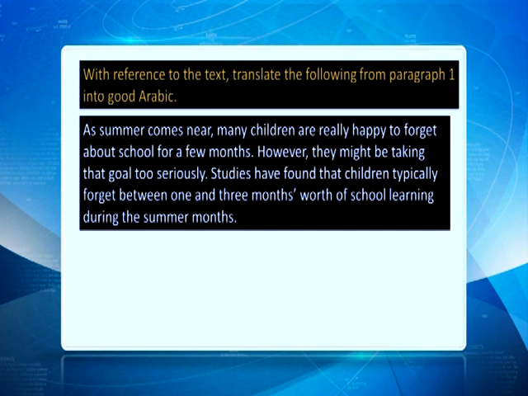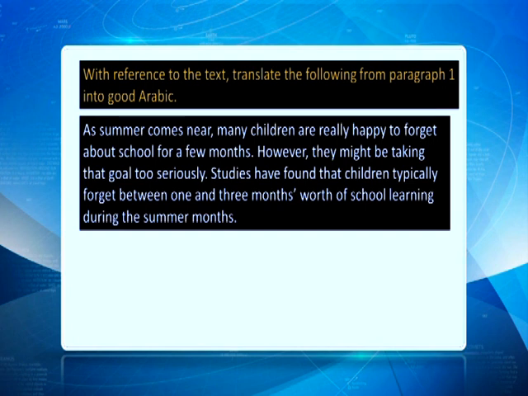So a possible translation for this paragraph could be something like, as summer comes near, many children are really happy to forget about school for a few months. Remember, you need to understand the sentence and then formulate it into your own words in the other language. We are not going to translate each word in isolation.